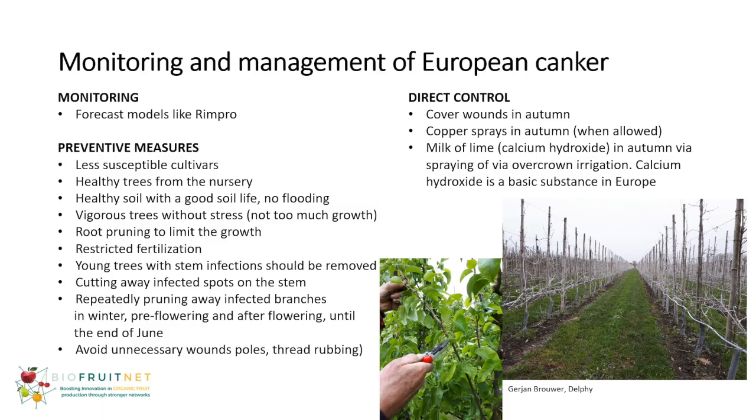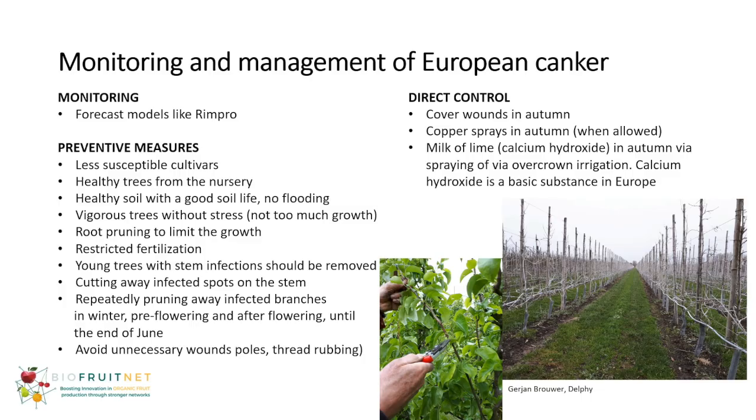Monitoring and management of European canker. The monitoring is done by forecast models like RIMPRO. Preventive measures: there are less susceptible cultivars. It's very important to have healthy trees from the nursery.